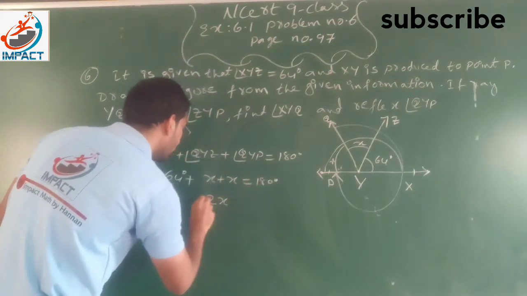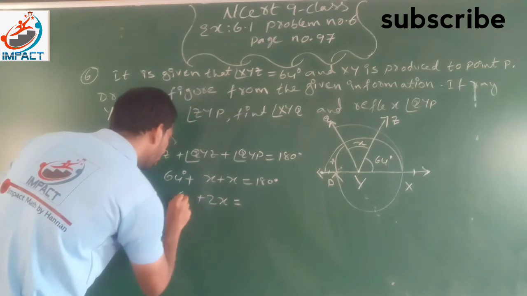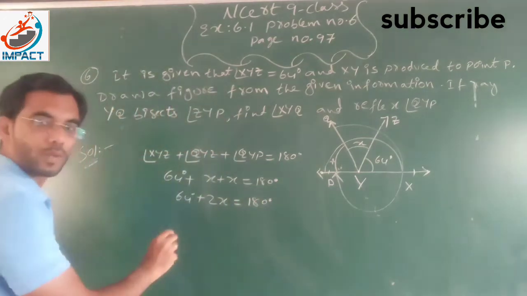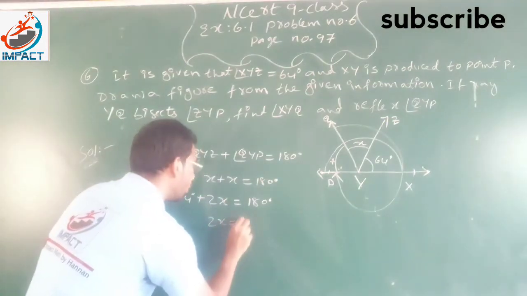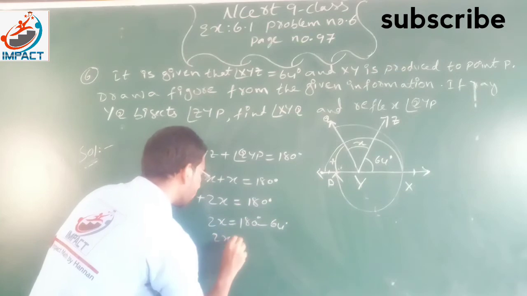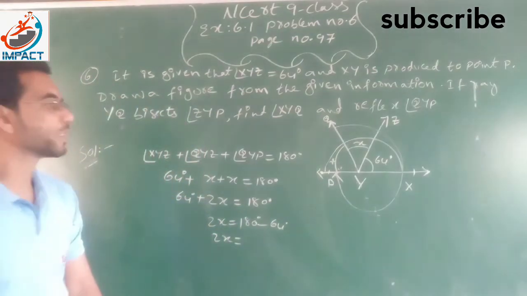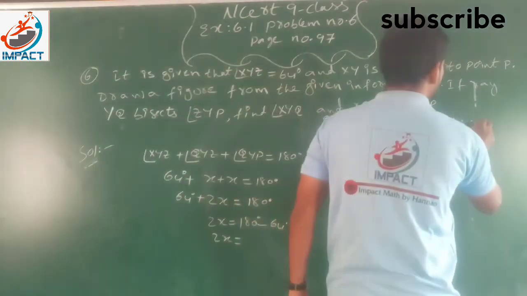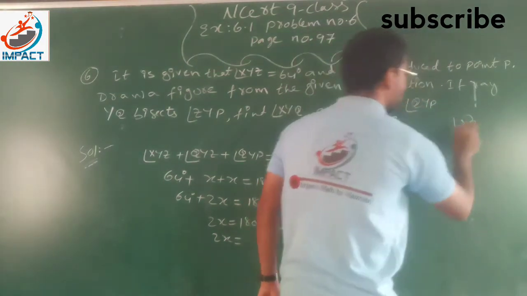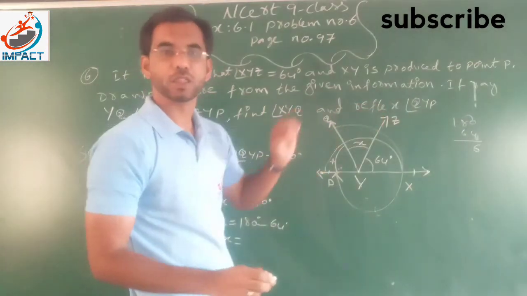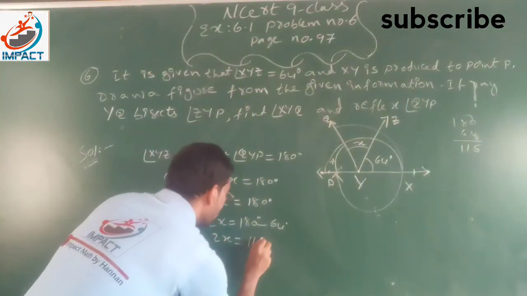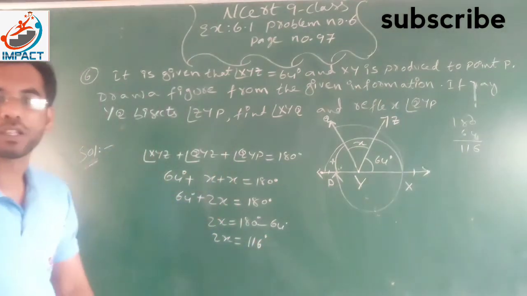Now 2x is equal to 180 minus 64. How much will it be? 180 minus 64 is 116 degrees.